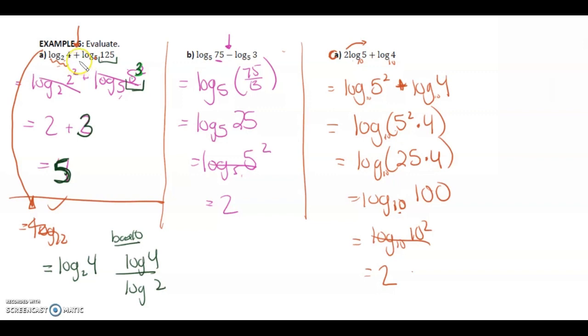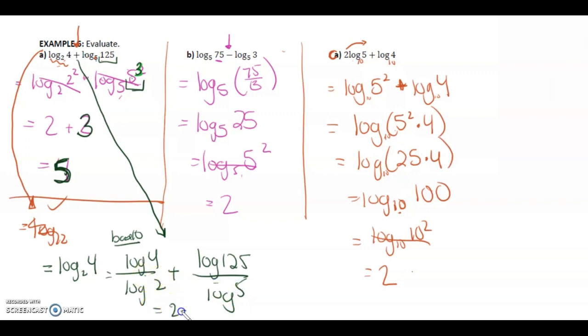So in our calculators, if we have log 4 divided by log 2, and then plus this, so this would be log base 5 of 125. We could do log 125 over log of 5. And for these, we should get 2 plus 3, and we should get 5. So you can always check your solutions as well. And we're going to get more into this today.